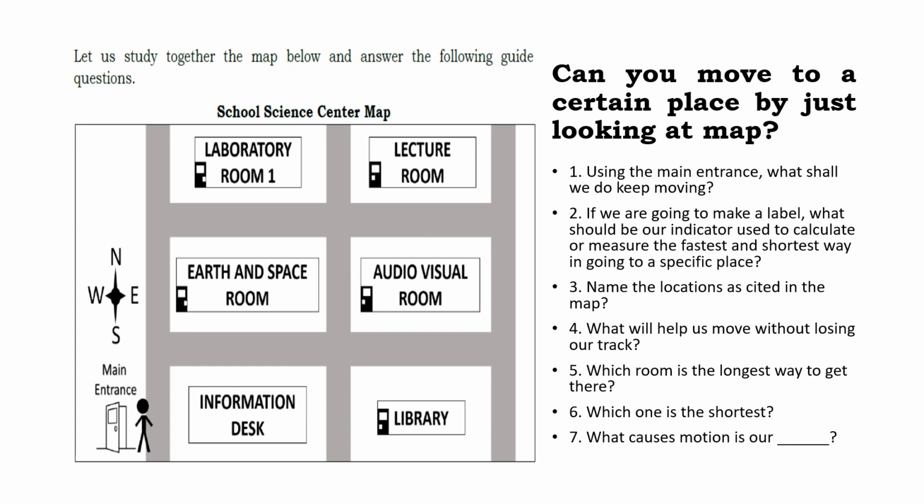If we are going to make a label, what should be our indicator to help us find the shortest and fastest way to get there or in going to a specific place? Do you have any idea? All right. Very good. We can put an arrow over there.